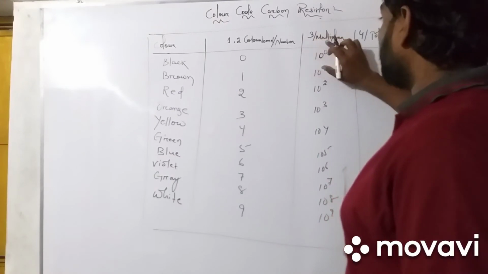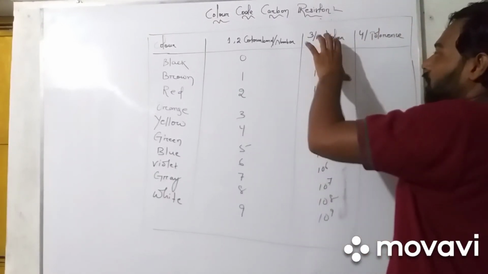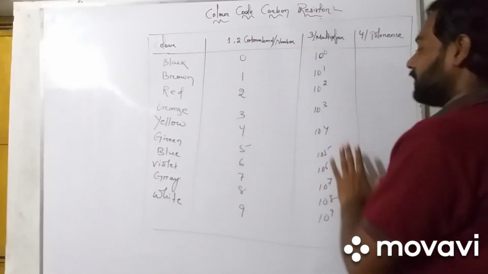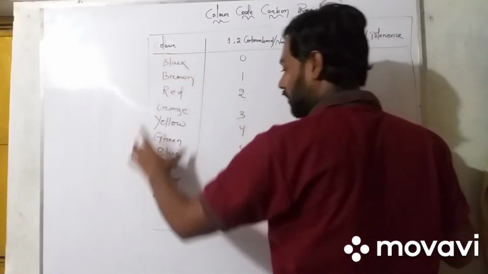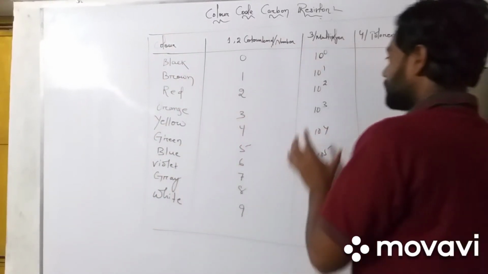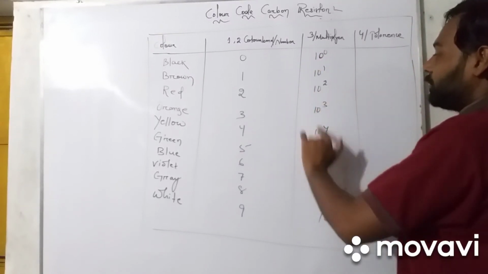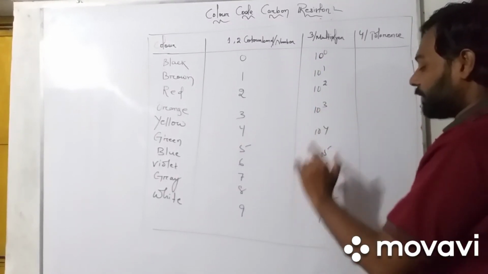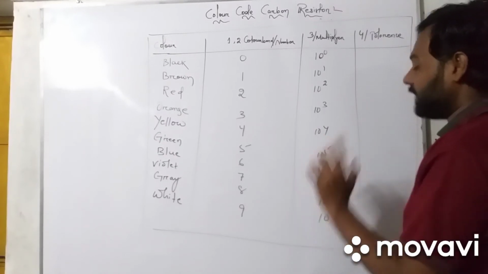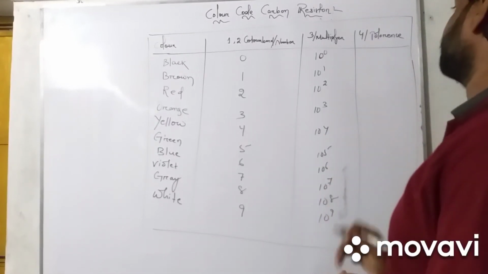So the third color band represents the multiplier, that means the order of that number.